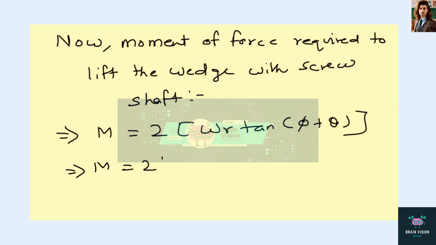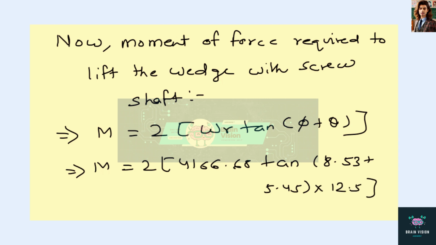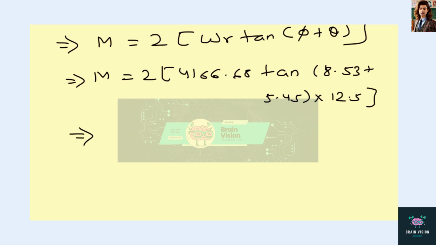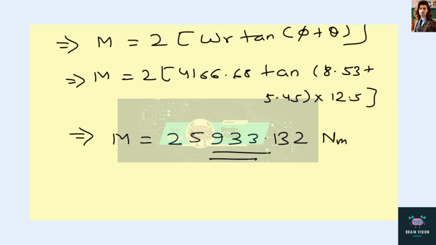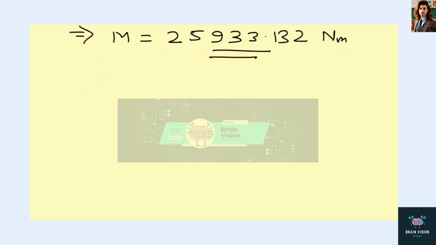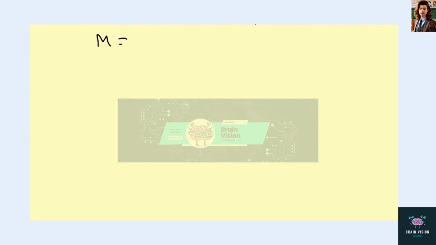So putting the value of W, R, phi plus theta, we will get the value of M here. So M is coming as 25933.132 Newton meter.